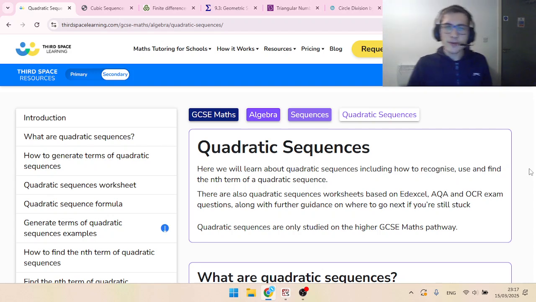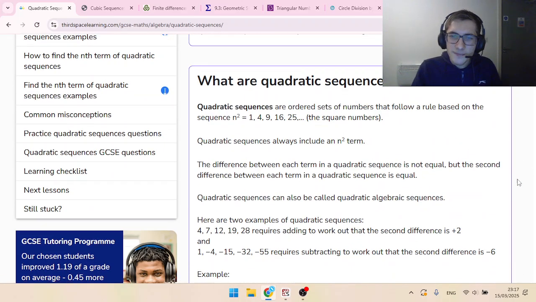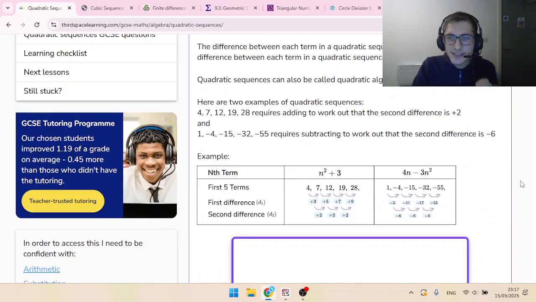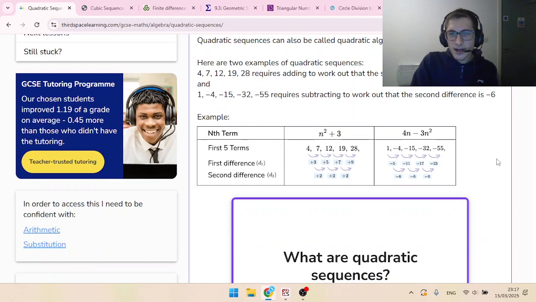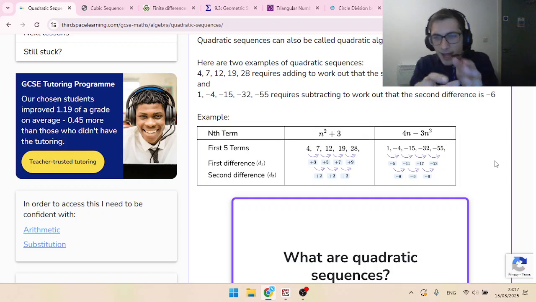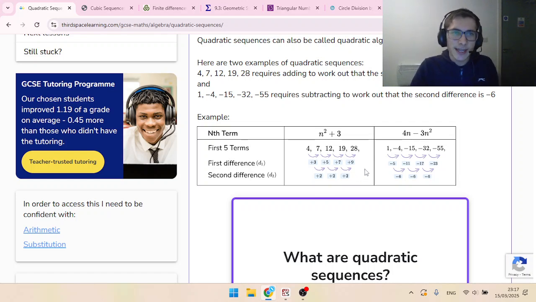Do you remember when you were studying quadratic sequences in school? The point here is that what you did essentially was find the first differences and the second differences and look for them to be the same.